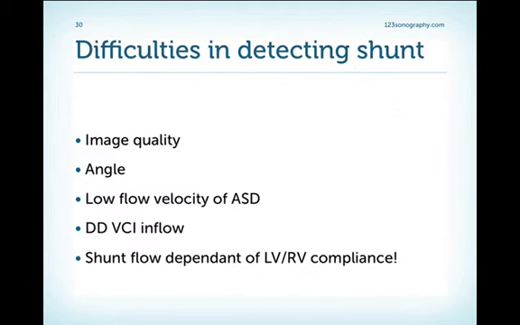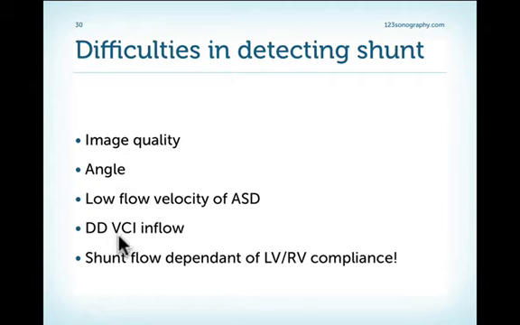What are the difficulties in detecting the shunt? Of course, poor image quality. The angle is important, as I have referred to before. Low flow velocity of an ASD can cause a very weak color signal.